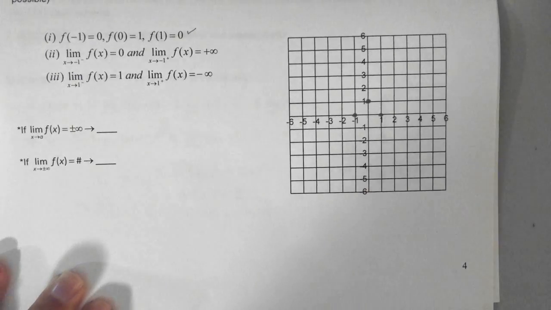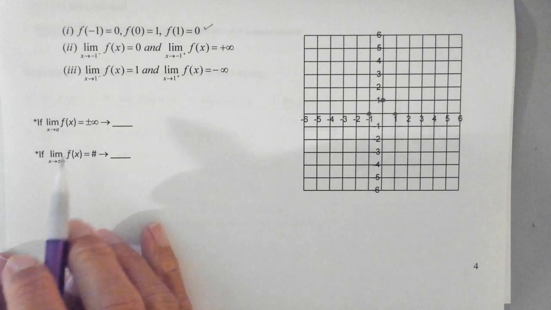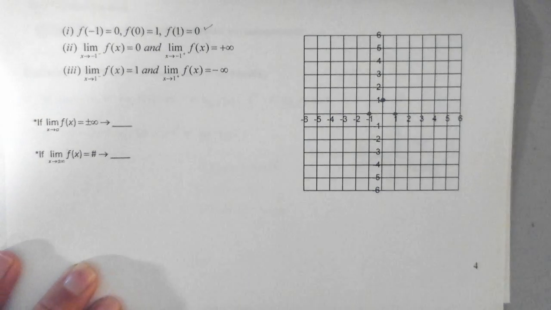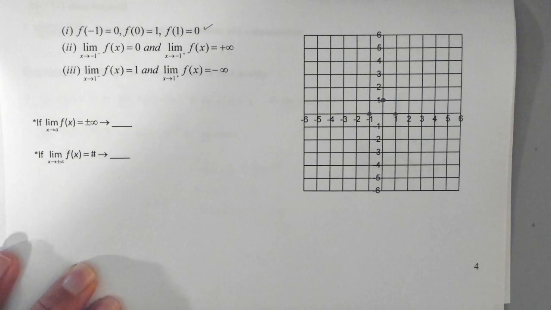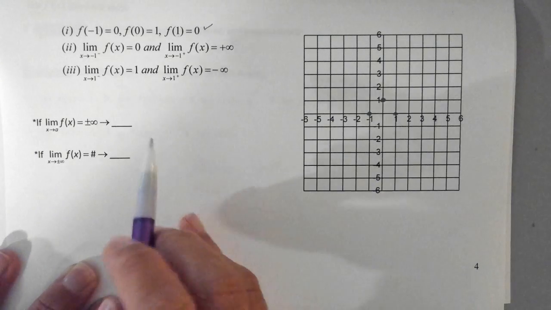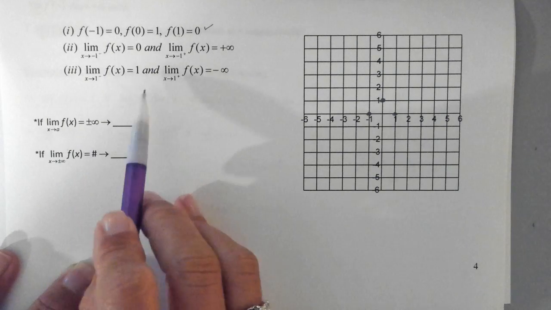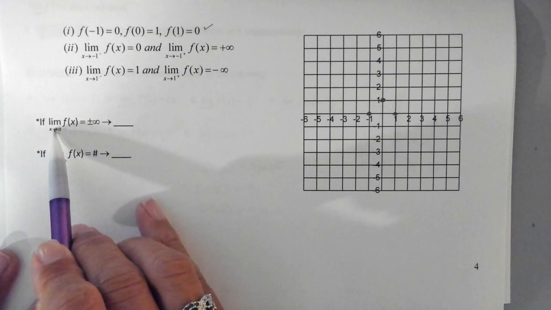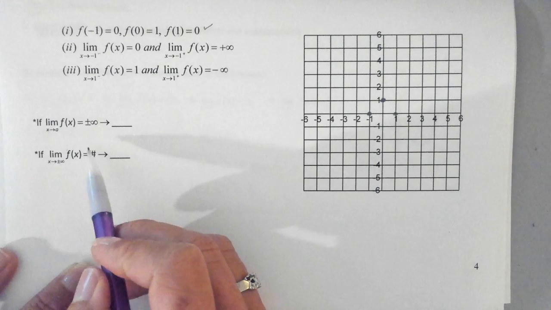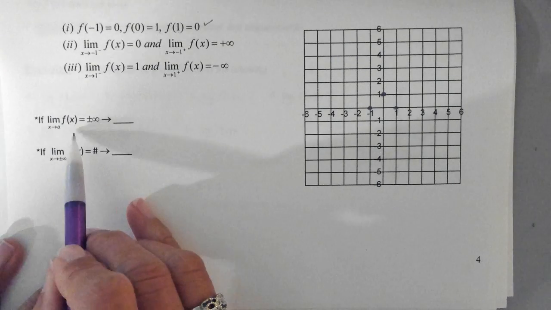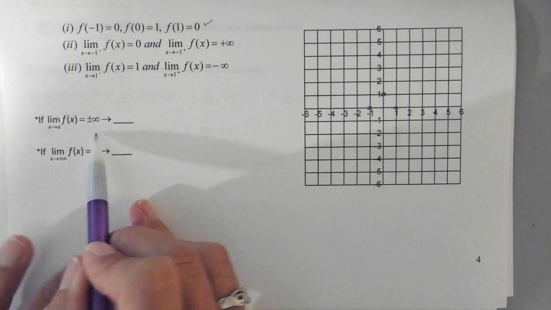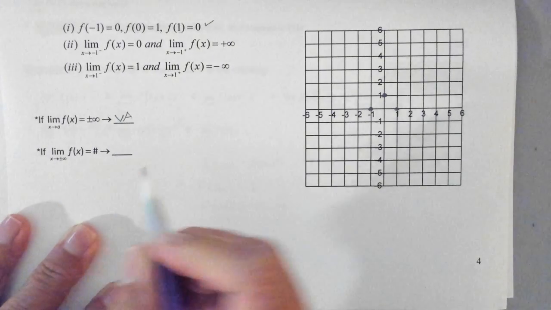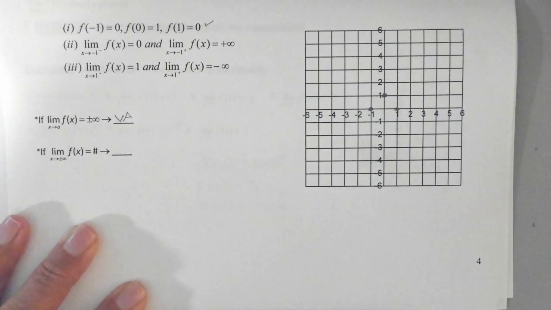One thing that I do want to talk about, and this might help you, sometimes when you're sketching these graphs, it's helpful to have the vertical and horizontal asymptotes that are intended, if there are any. So the way we identify vertical and horizontal asymptotes is by looking at these functions. If you are given a statement that says the limit as x approaches a, meaning some given x value, either from the left or the right or overall, is equal to positive or negative infinity, this means you have a vertical asymptote at that given a value.